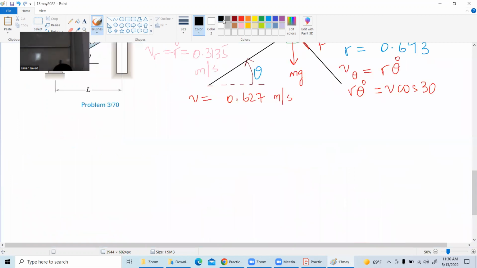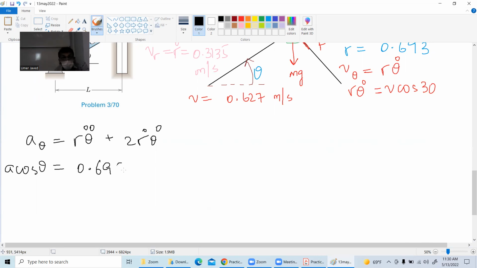So now I will say A theta is equal to R theta double dot plus 2 R dot theta dot, and R A theta is A cosine theta, which is equal to R theta double dot. What was the value of R? It was 0.693, as one of the students told me.